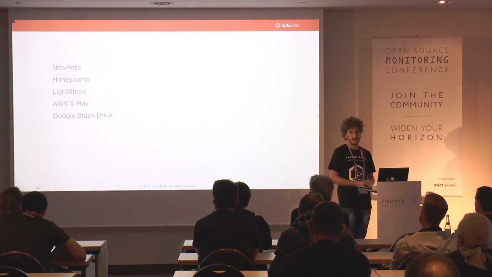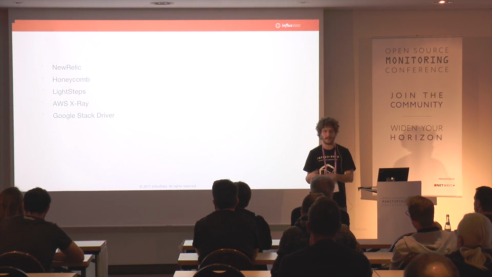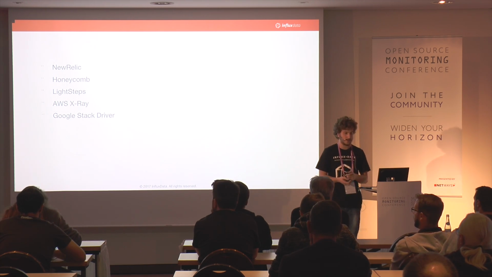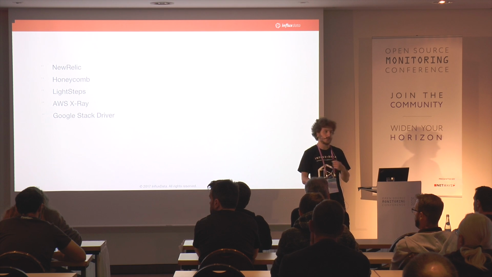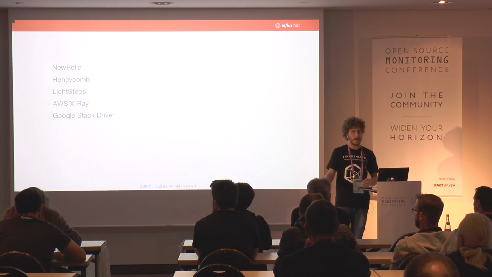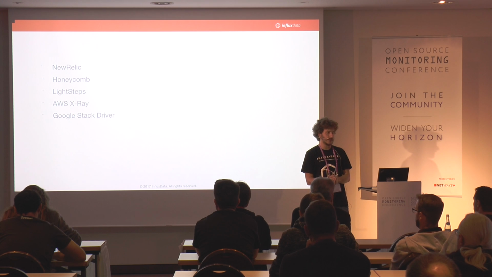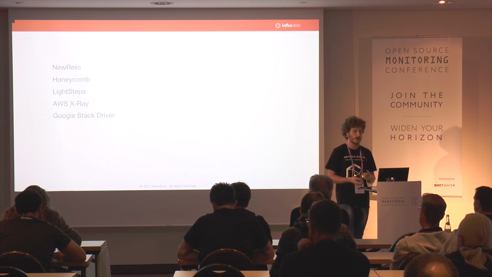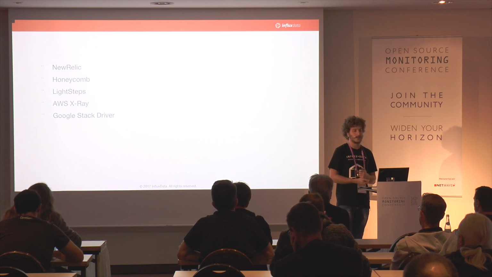And yes, there are solutions. As I told you, New Relic is OpenTracing compatible. Honeycomb, that is a startup, observability startup, is also compatible. Like Steps, accept OpenTracing. And if you are on Amazon AWS X-Ray or Google Stackdriver, they both handle OpenTracing stuff.